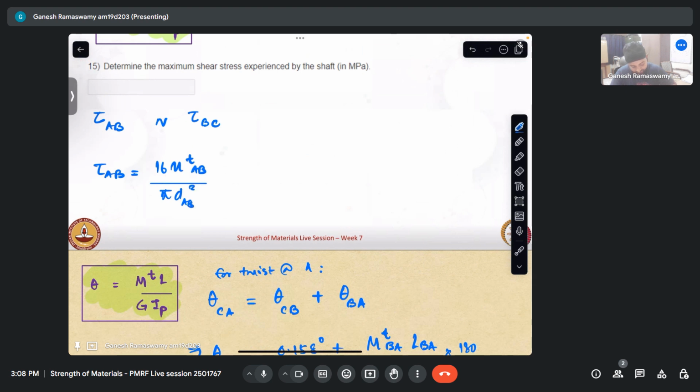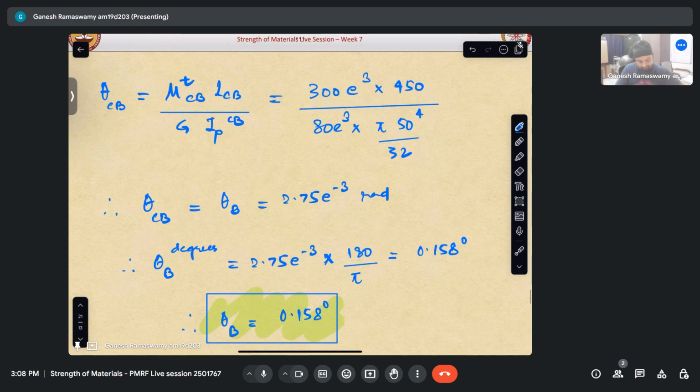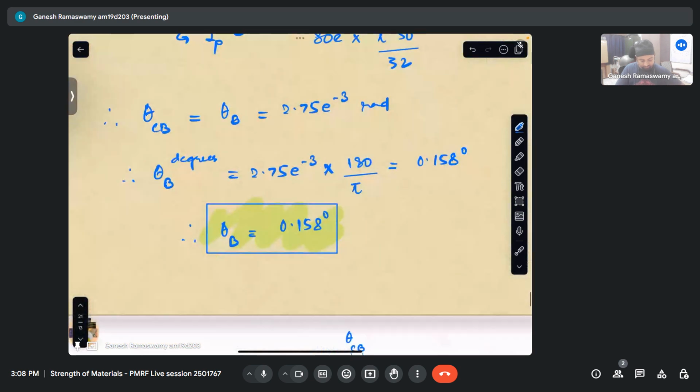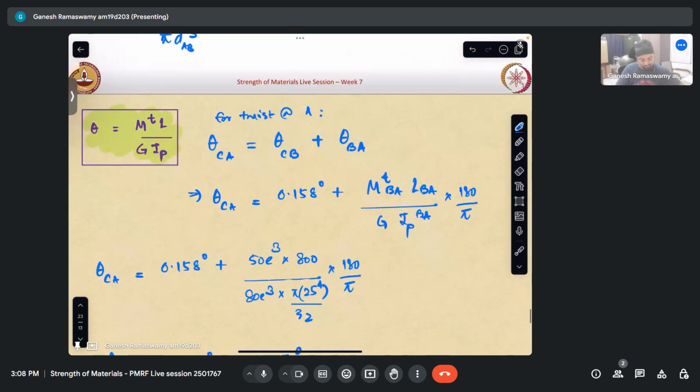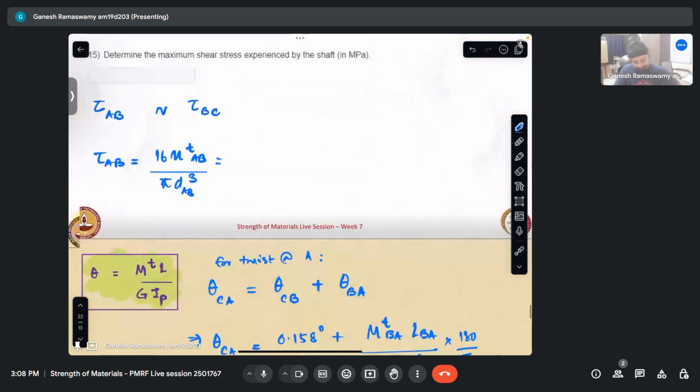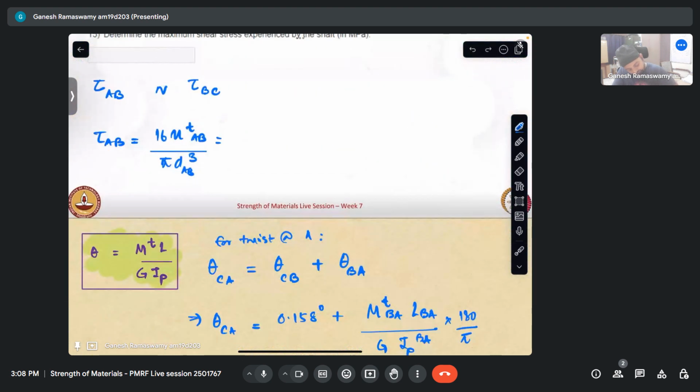which is nothing but 16 into MTAB, which is 50 into 50 E3, by pi DAB cubed.